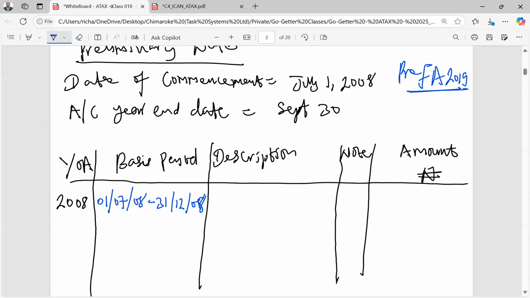So what I'm going to do here is I will say this is my adjusted profits or loss, because I have a loss here.